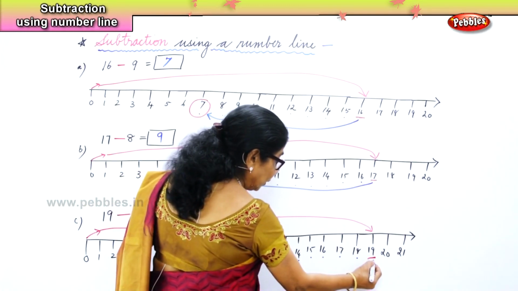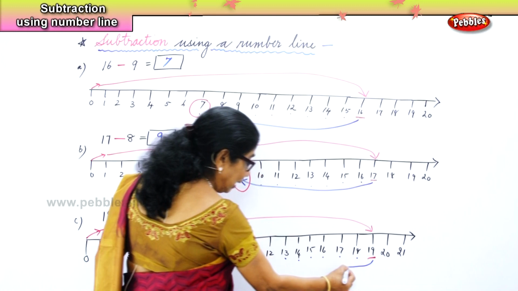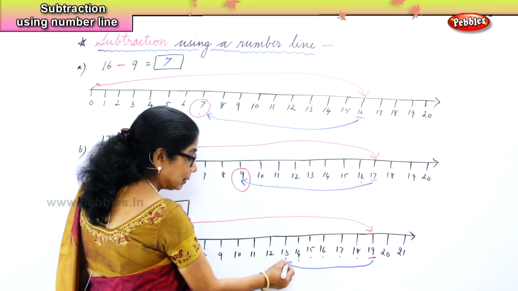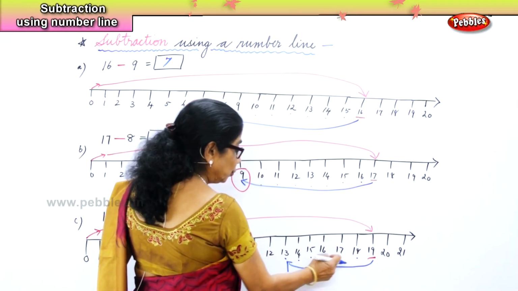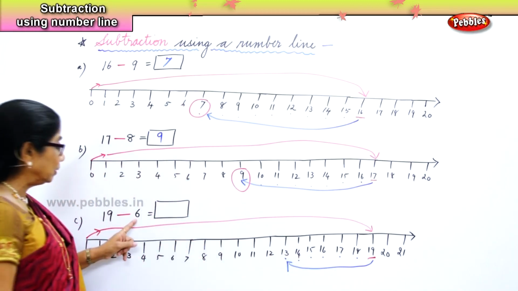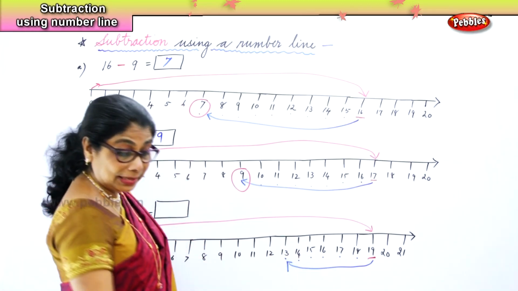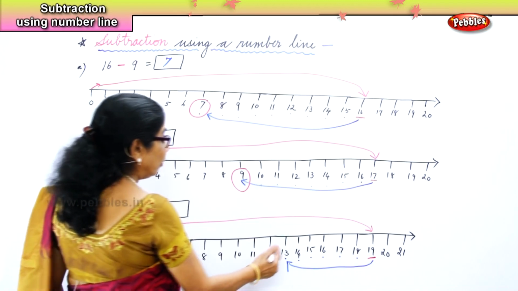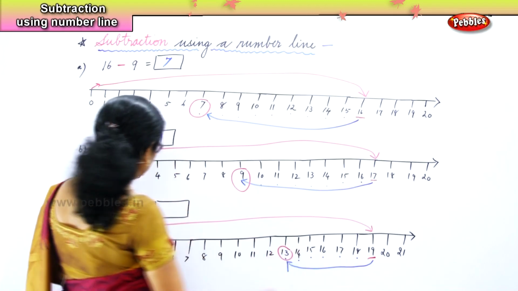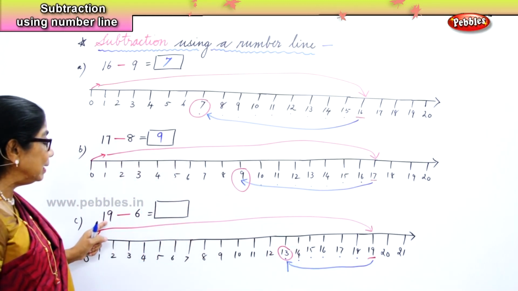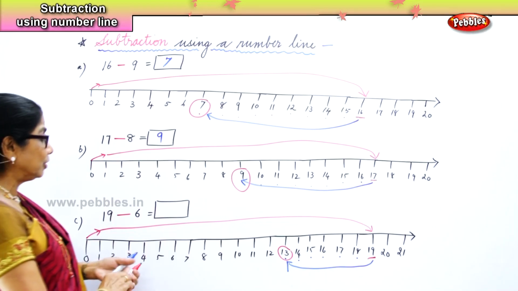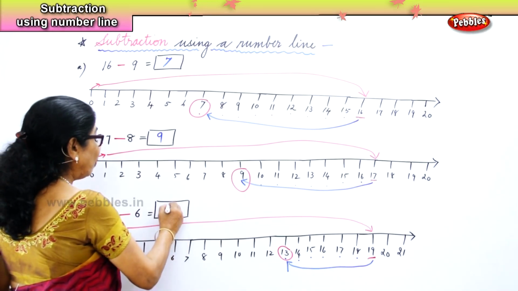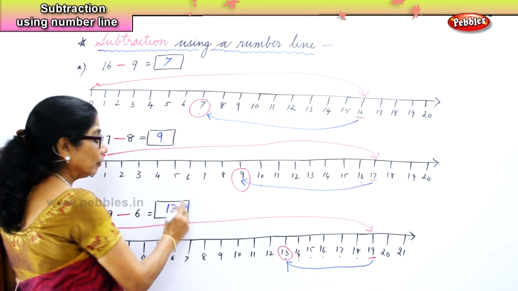So from 19, come backward 6 numbers, because it says minus 6. Now what is the answer you get? 13. 19 minus 6, your answer is 13. Get it now?